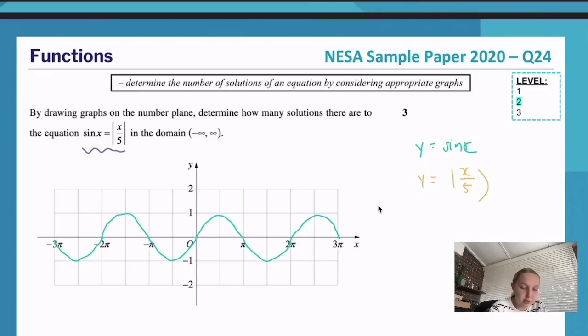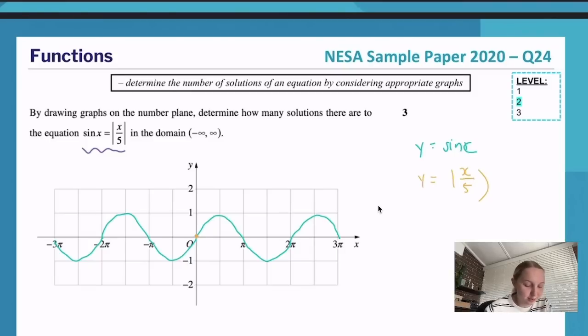Then when we're looking at the absolute value of x on 5, there's no transformation, so it's going to start here in the middle. The absolute graph of x on 5 is not going to have any other x, y intercepts other than the origin.